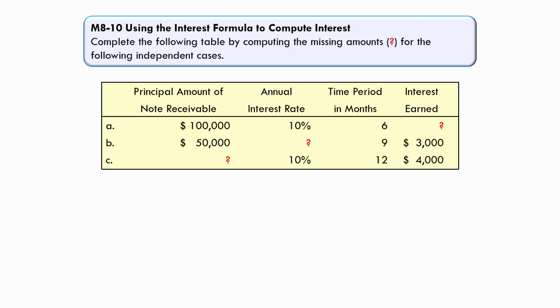So in the first one it'd be 100,000 times 10% times 6/12 to get the interest that would be earned. And this is the interest that they would earn for the total time period, or for the total time to the maturity value of the note.